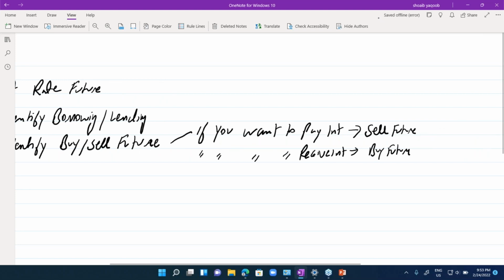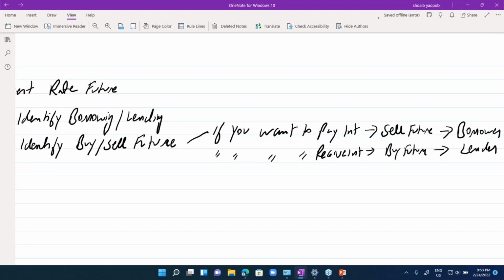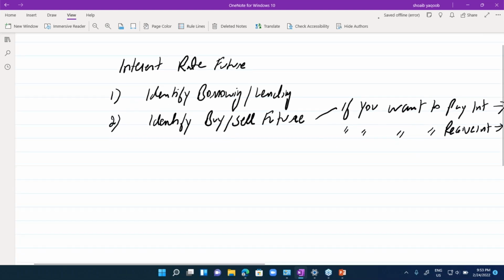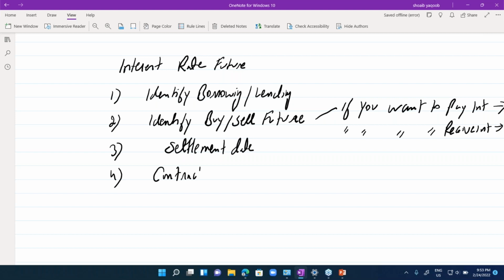Who is going to pay the interest? The borrower. Who is going to receive the interest? The lender. So if you want to pay interest, sell future; if you want to receive interest, buy future. Third step: settlement date. Fourth step: number of contracts, which has a different formula.